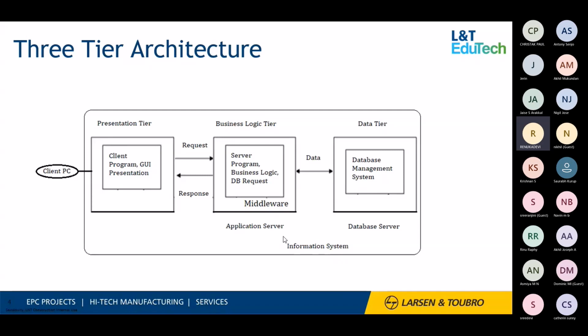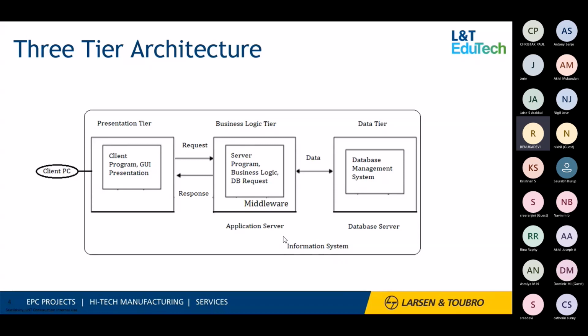The client makes a request, and that request is first posted to the application server, from where it is sent to the database server. If the request is found at the database server, it retrieves the data from there and gives the response to the client. That is, the server responds to the request. So this is the flow.